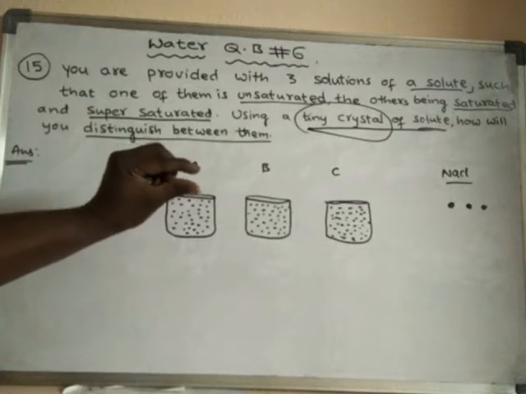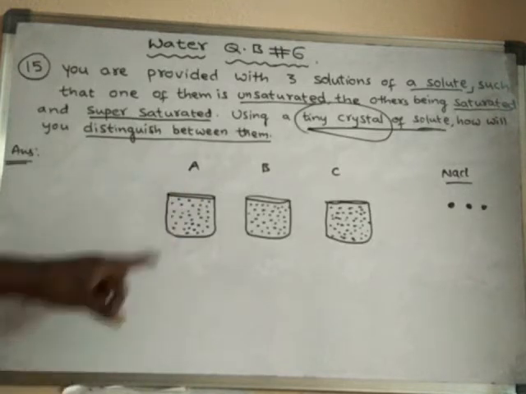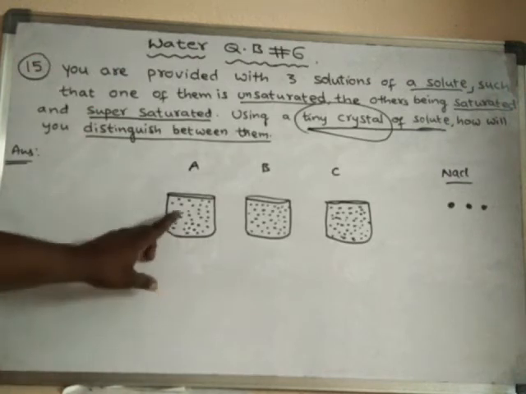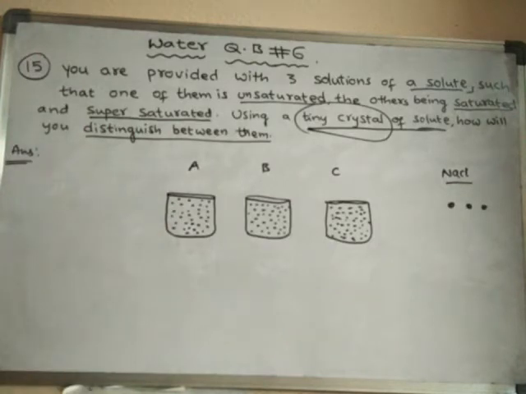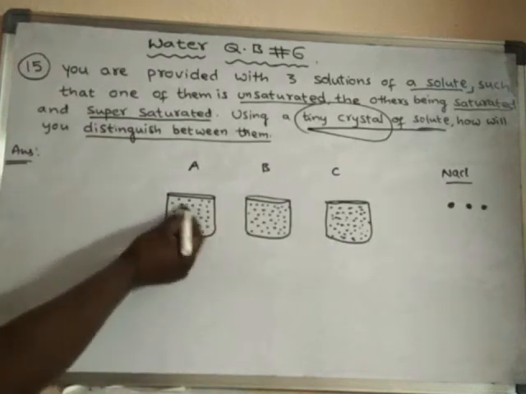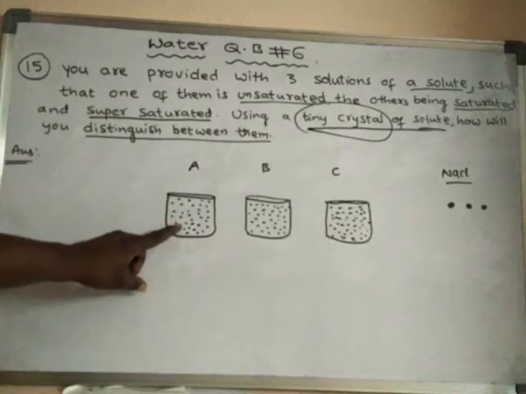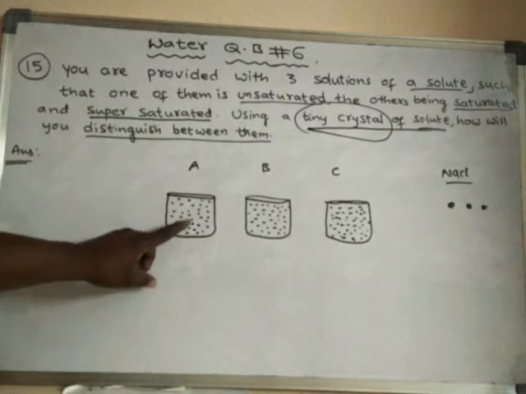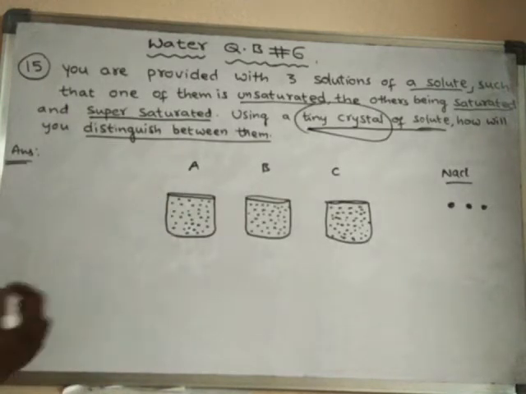When the size of the crystal decreases, or when the crystal disappears in the solution, then that solution is said to be unsaturated, because it is able to dissolve some more sodium chloride into it.